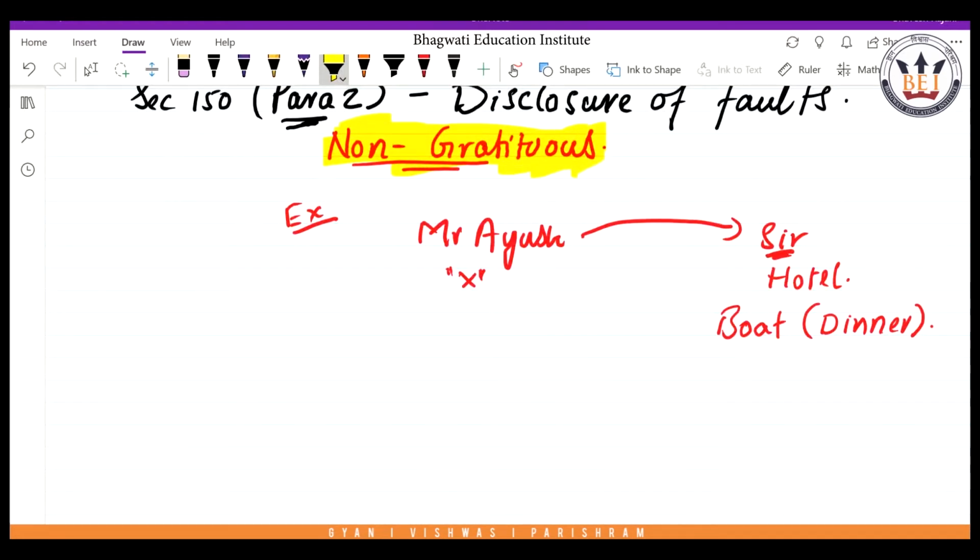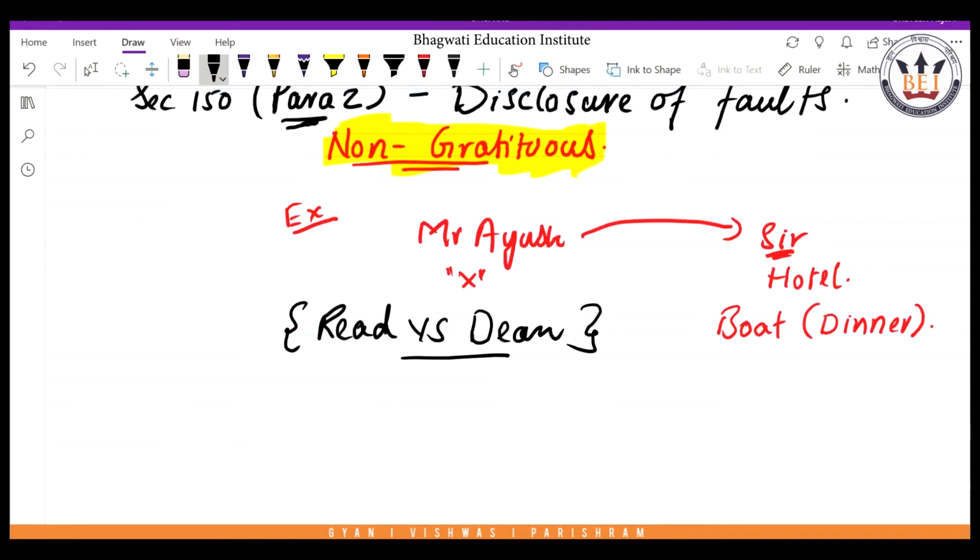That's why I've taken this example. It's a wonderful classic case, and the name of the case, if I recollect clearly, is Reed versus Dean. I'll just write it over here.